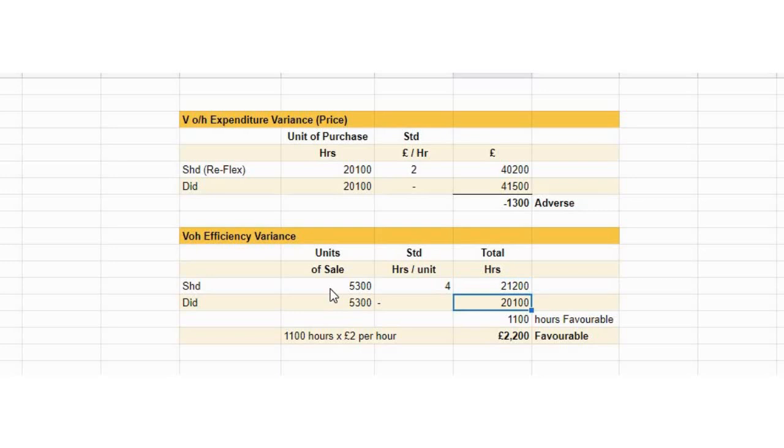It took 20,100 hours, it took less, and therefore there's 1,100 hours of favourable variance. If you turn that into a pound value, it comes to £2,200. The favourable variance of £2,200 shows the saving in the variable overhead cost at standard rates coming from fewer labour hours than the standard expected for the 5,300 units of output.